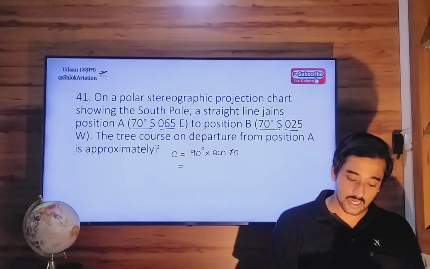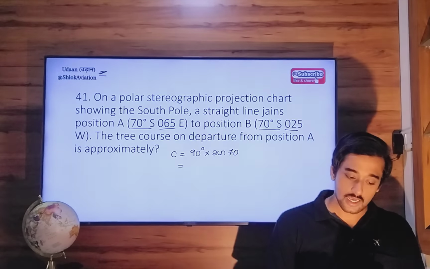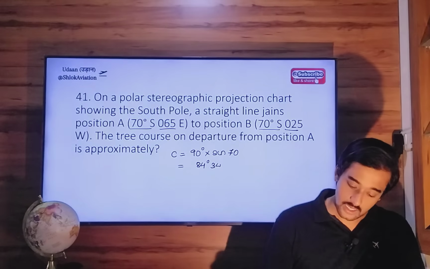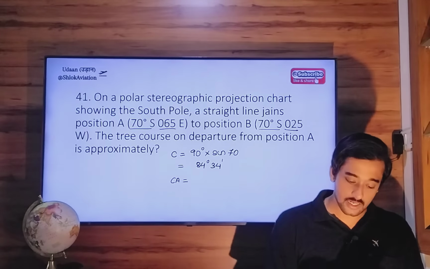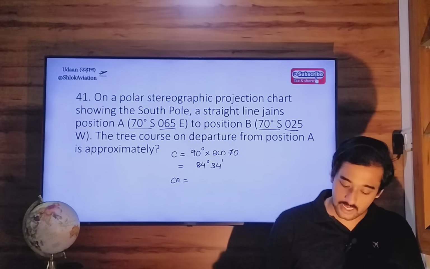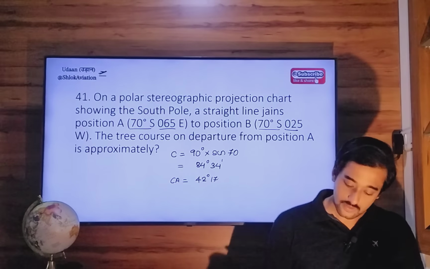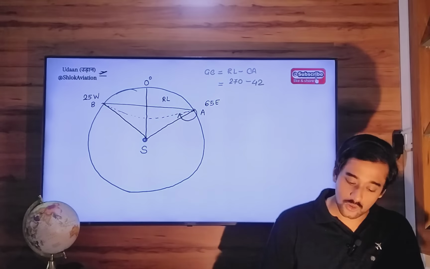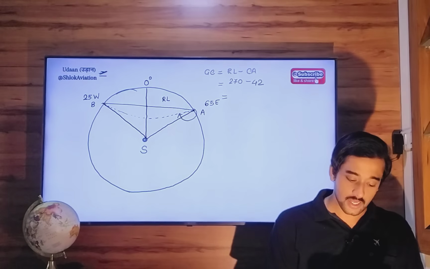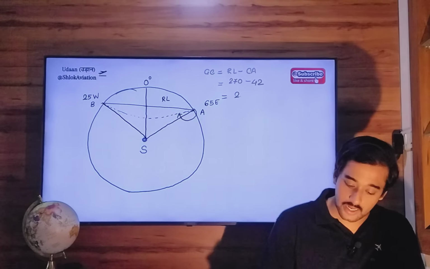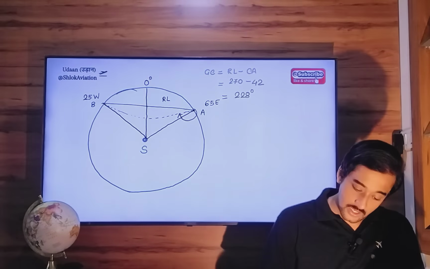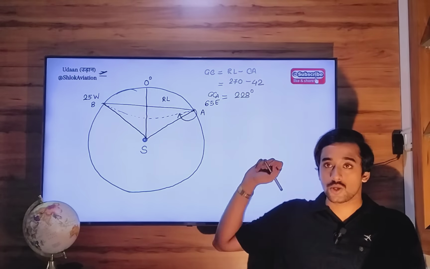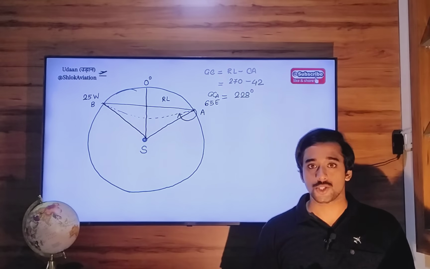So sine 70 into 90 is 84 degrees 34 minutes. Convergency angle will be half of that, 42 degrees 17 minutes. So convergency angle is 42 degrees. 270 minus 42 is 228 degrees. So the great circle track at A is equal to 228 degrees. You are going to select that option which is closest to this value.